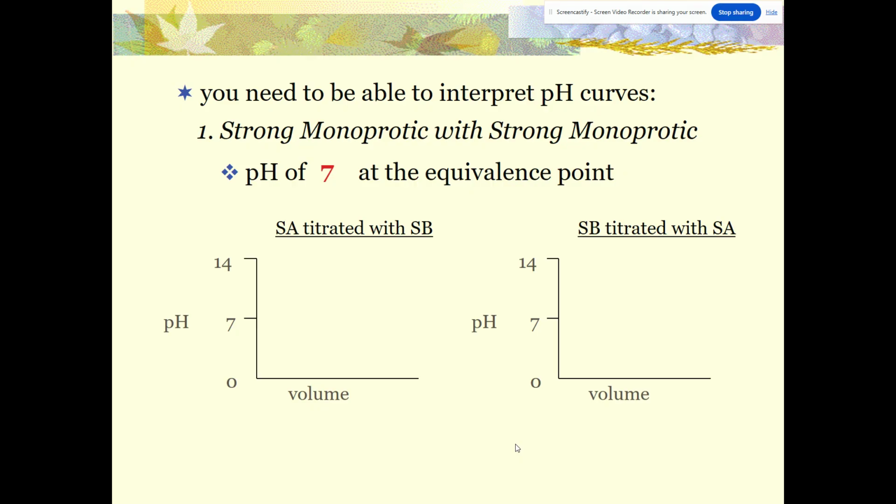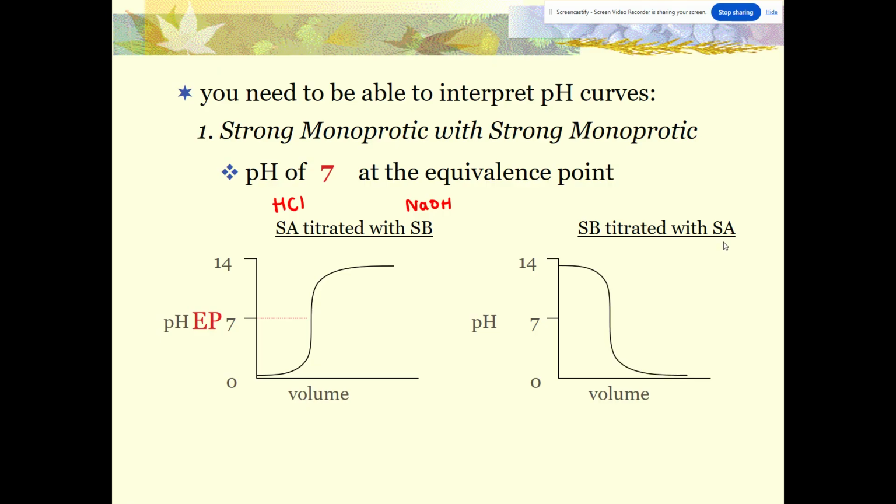A strong acid being titrated with a strong base means you're starting low and the pH is increasing. Okay? It makes this kind of S shape. The endpoint is the middle of that hill, which would be at 7 for a strong acid with a strong base. So your strong acid, again, could be HCl, and your strong base could be NaOH. Okay? If your strong base is being titrated with a strong acid, that means acid is being added to it.